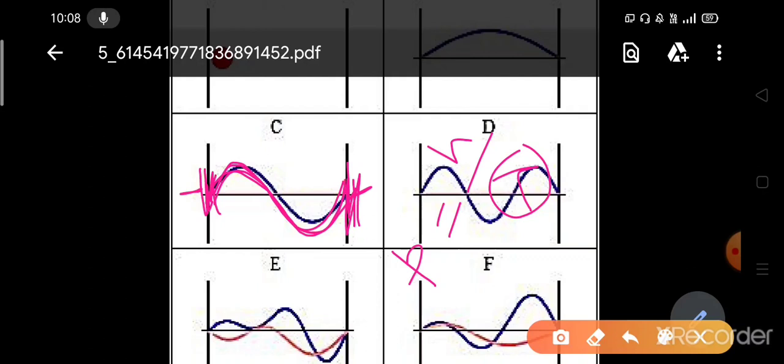This wave cannot penetrate, so at this boundary it will reflect and come back. Then again at the other boundary it will reflect and come back, and this keeps happening.